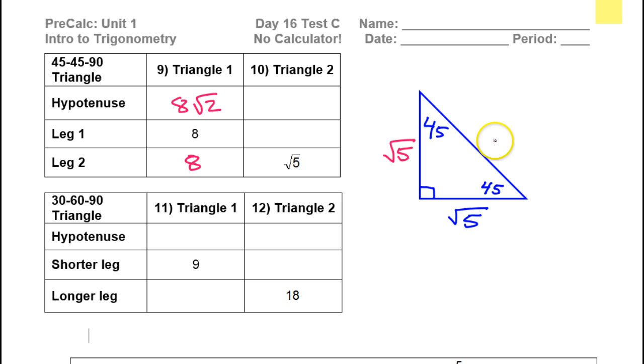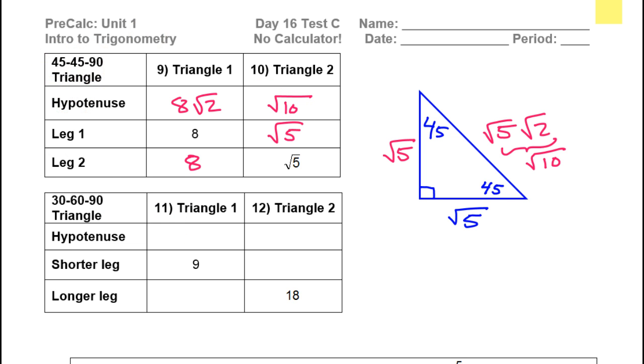Now, the hypotenuse is a little bit more interesting, because it should go leg radical 2. But the way this is written, since these are both radical 2, we need to multiply these together and call it radical 10. So the other leg was radical 5 as well, but the hypotenuse is radical 10.